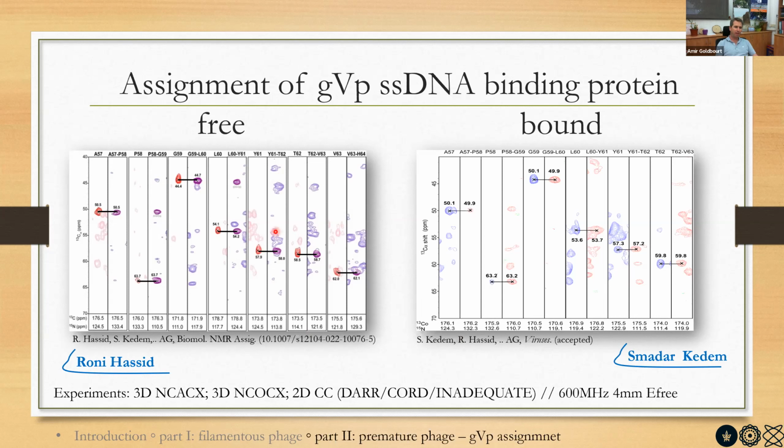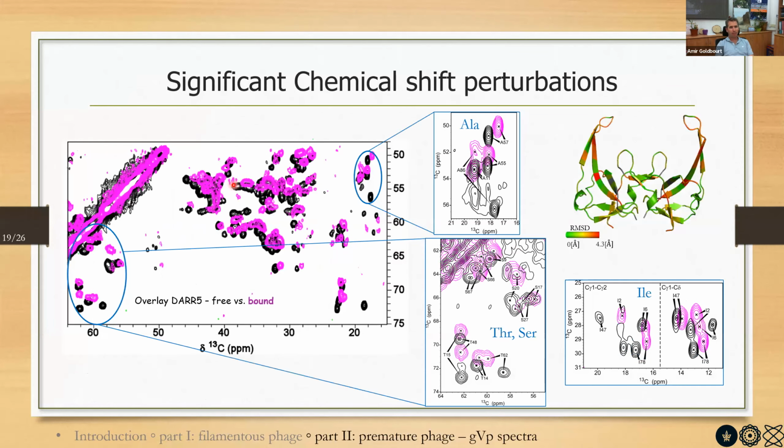And from her data, an undergraduate in our lab, actually from the Odyssea program, which is a program we have in the university for high school students, worked for me for a year and managed to assign the free protein. And the next step is, of course, to compare the free and bound and to see if the structure changes. So we expect small changes, but this came as a big surprise.